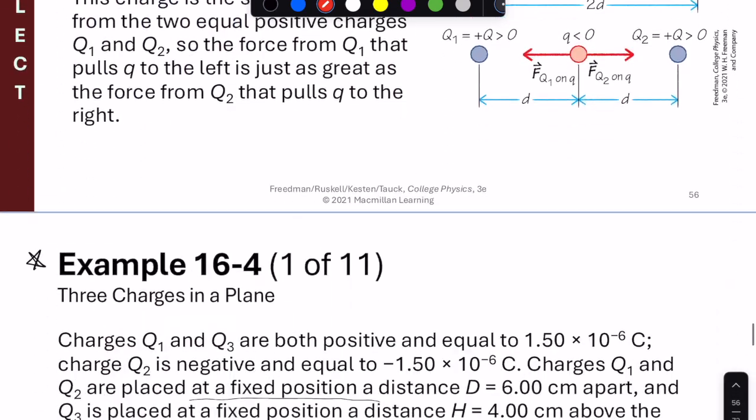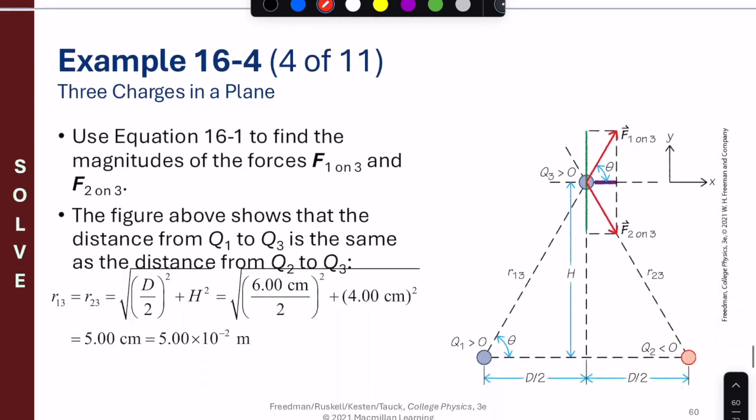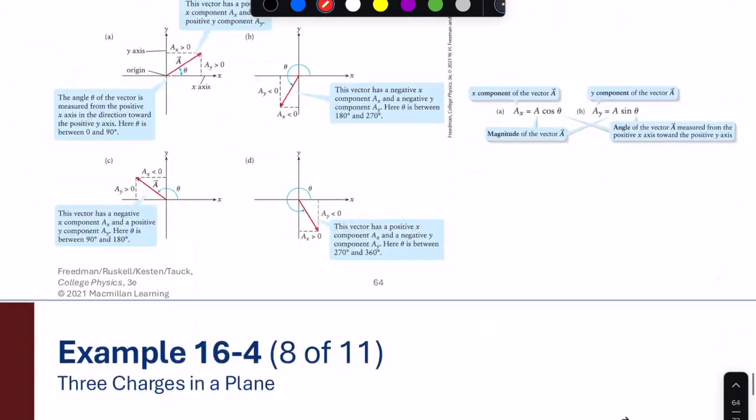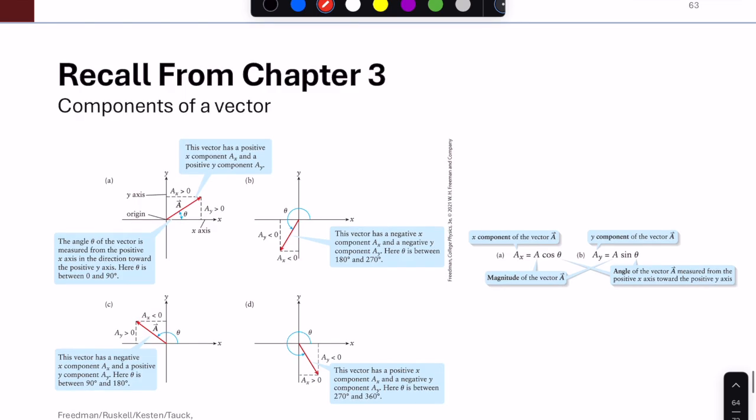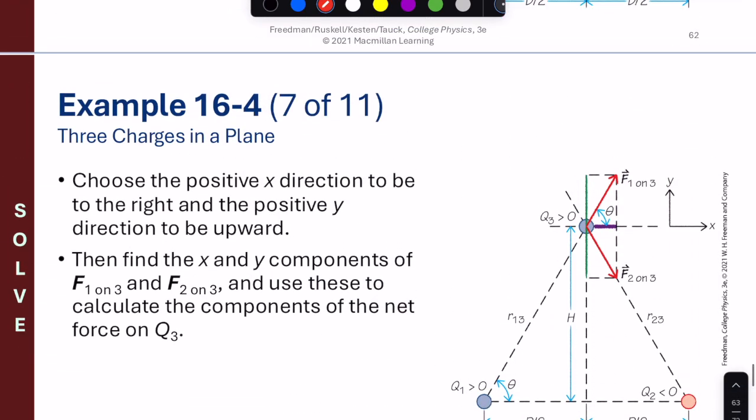Okay, so complete those examples, do the math behind it, okay, churn through it. This is going to help you with resolving components of vectors, which you need to do for example 16.4.